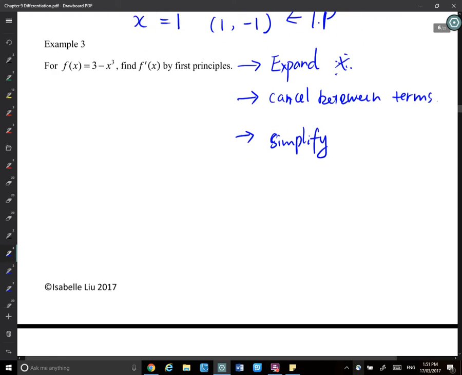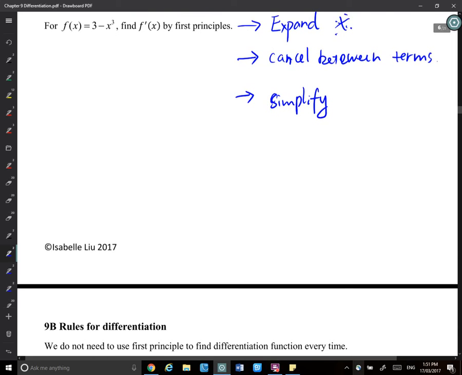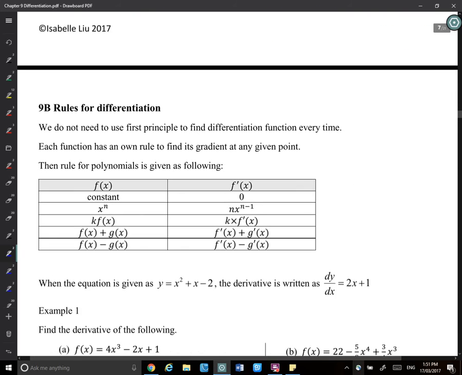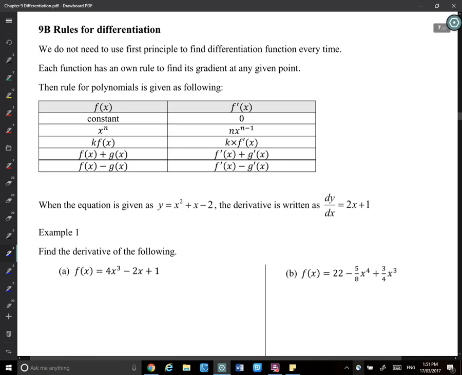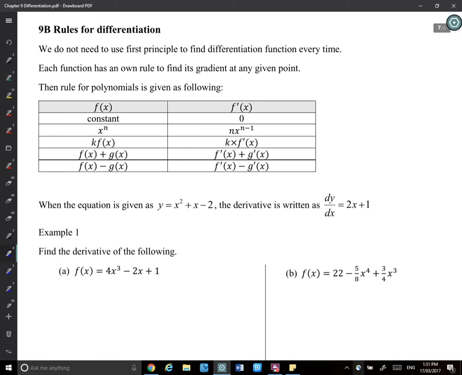So I'm not going to do example 3. I'll give this to you to try. And now the rule for differentiation. What we have to learn from last year is only one thing: how to differentiate x to the power of n, where n belongs to R. N can be any number. So f of x equals x to the power of n.